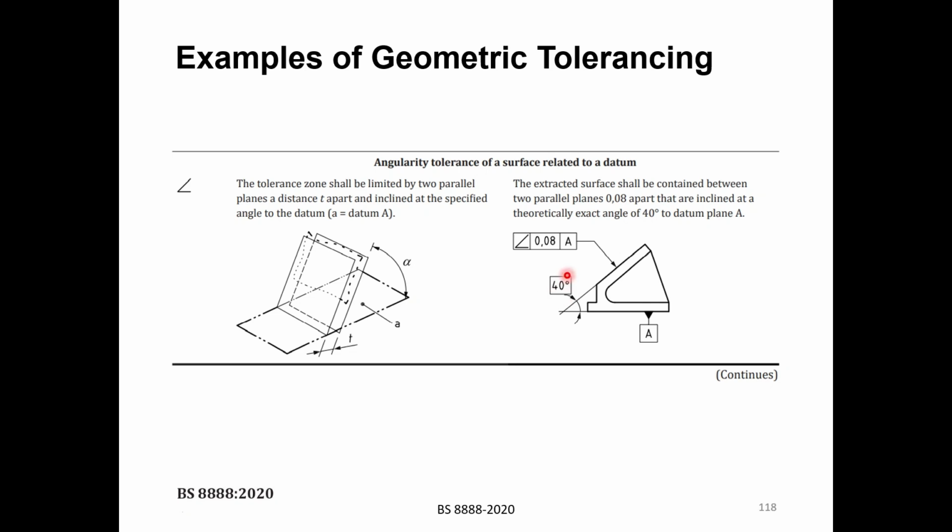It is boxed here, meaning that the tolerance is defined through the GD&T.